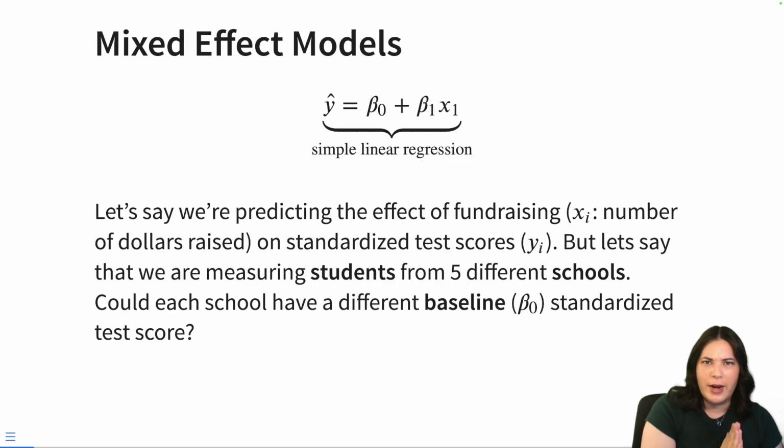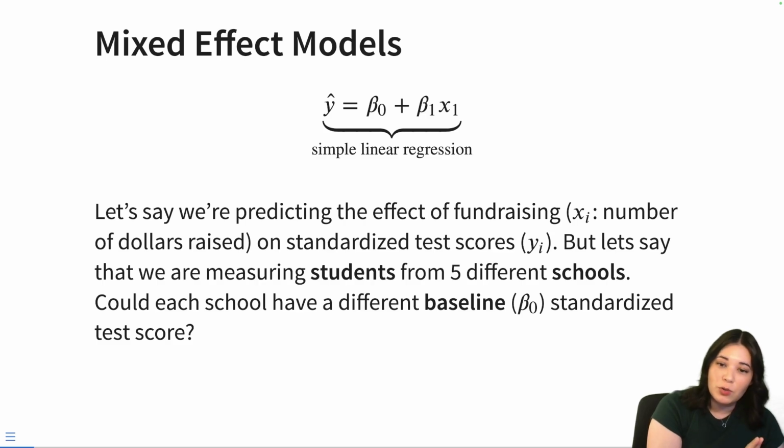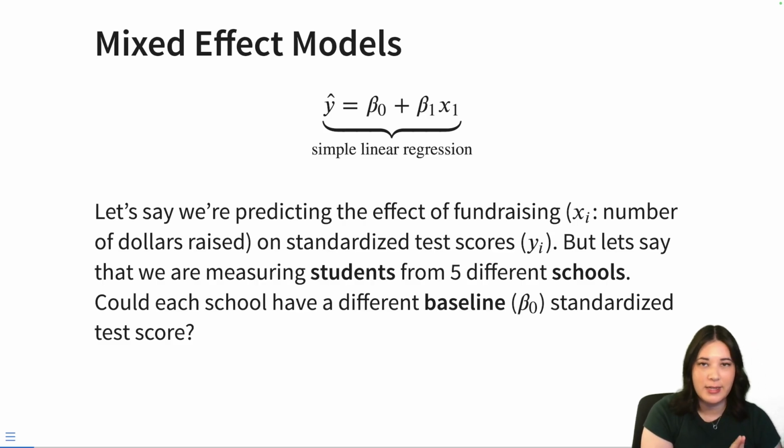so that's what we're going to use. All right, so we've talked extensively about linear models, but let's say we're predicting the effect of fundraising, so the number of dollars we raise when we're fundraising, on standardized test scores for a school. But let's say that we are measuring students from 5 different schools. Would it be reasonable to say that each school probably has a different baseline standardized test score?